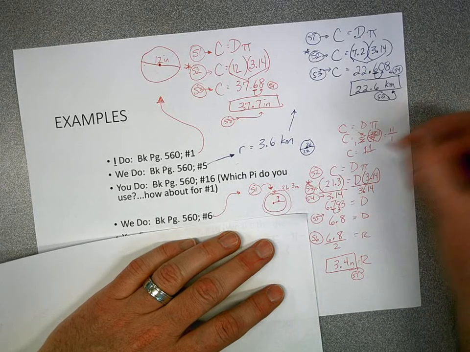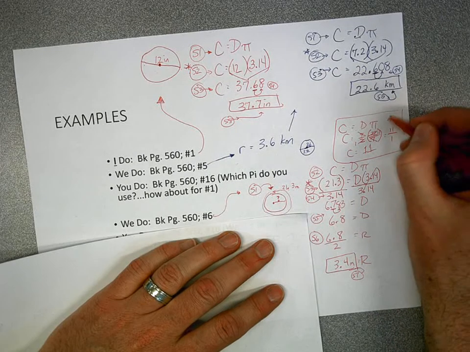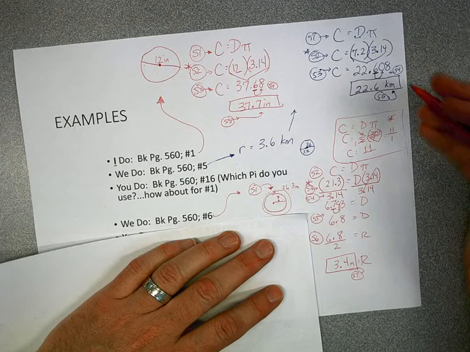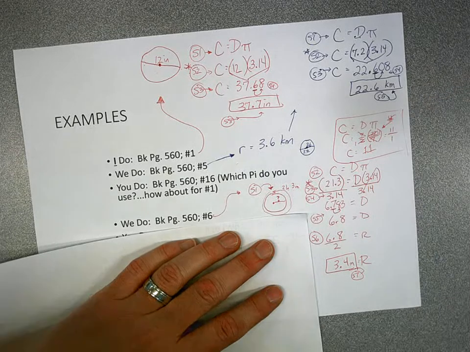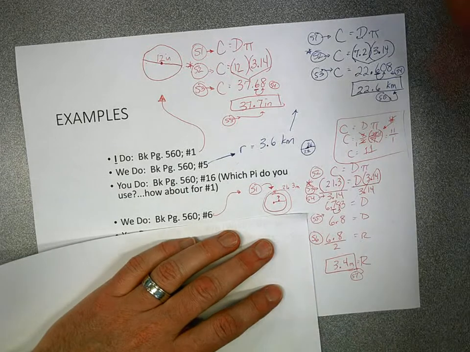That's just a fake problem, but keep in mind that is something you can also use to plug in besides 3.14. All right, and that is circumference of the circle.